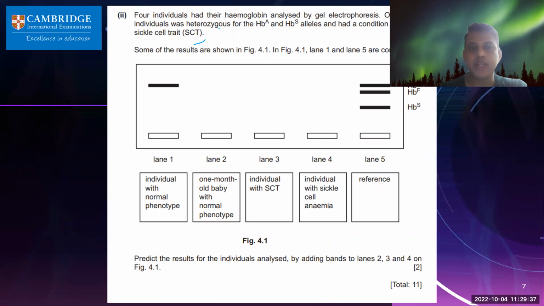Four individuals had their hemoglobin analyzed by gel electrophoresis. One of the individuals was heterozygous for hemoglobin A and hemoglobin S alleles and had a condition known as sickle cell trait.